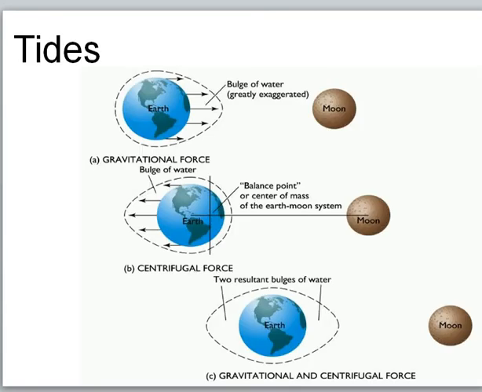When we look at tides, tides are a product of the external forces of the alignment of the Earth, the Sun, and the Moon, and also the centrifugal force of the Earth spinning on its axis. So the Moon has a cycle of about 29.5 days.